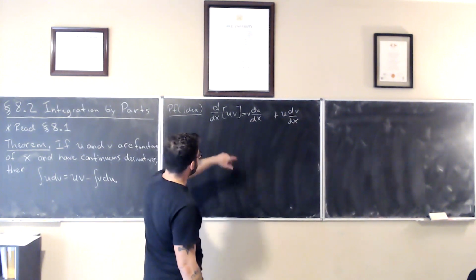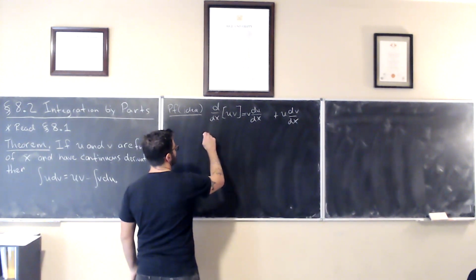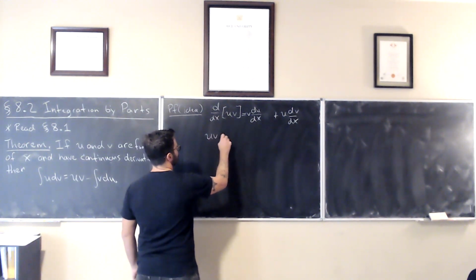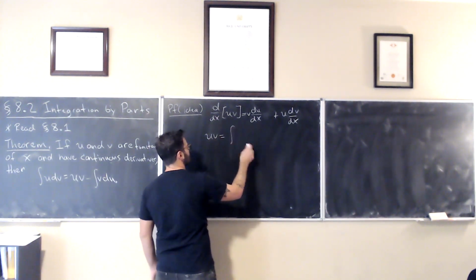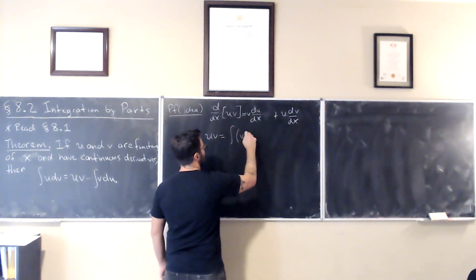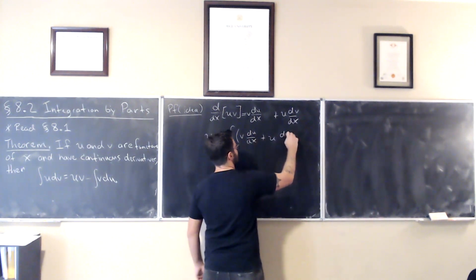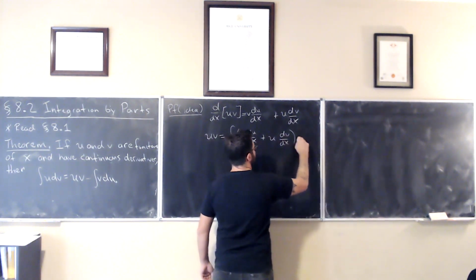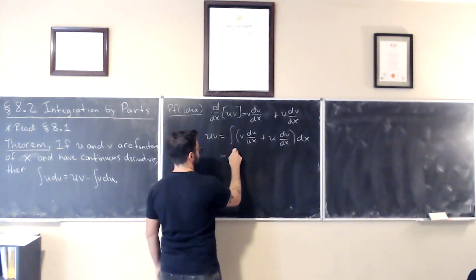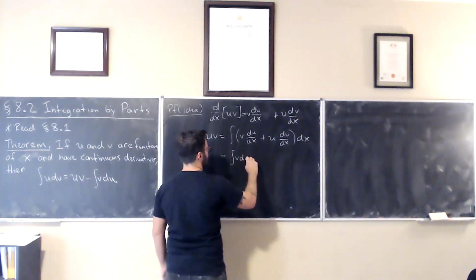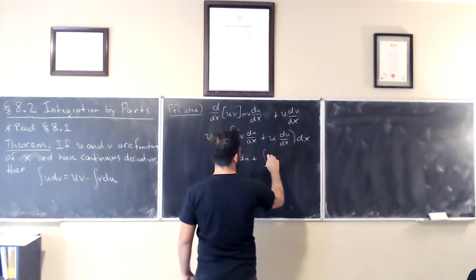But then once we have this equation, we can integrate both sides of this, right? And we get that uv is equal to the integral of v du plus the integral of u dv.